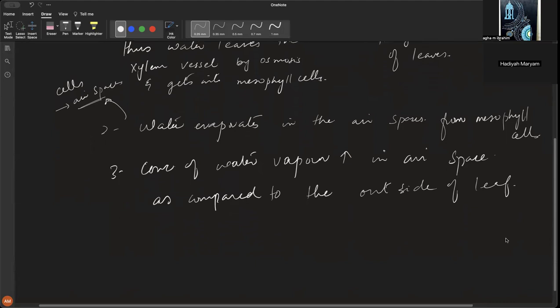This leads to what? Therefore, this creates a concentration gradient. So the concentration gradient is going to become something like this, right?